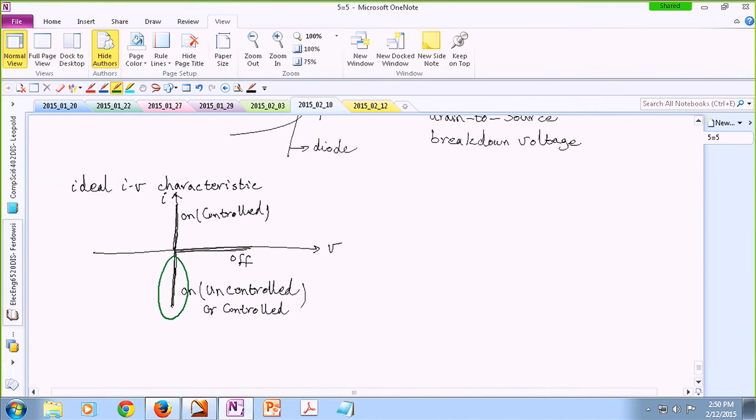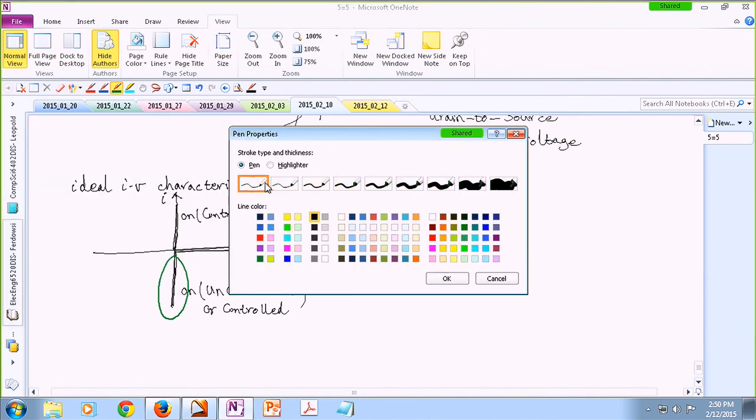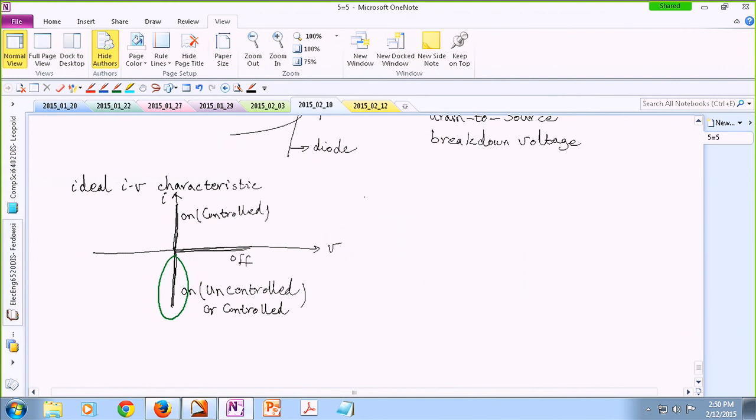All right? In terms of modeling, by the way, the device is called a current bidirectional, voltage unidirectional device. Two-quadrant switch.